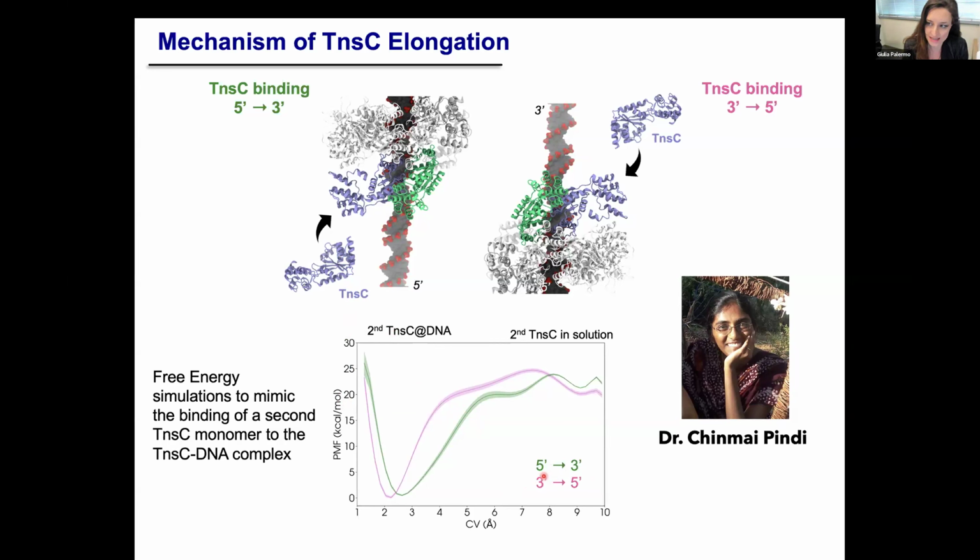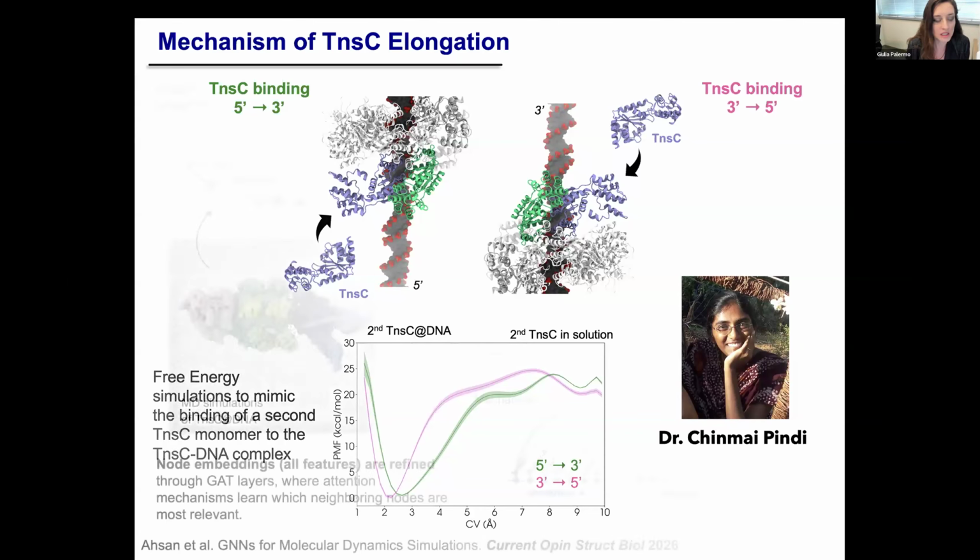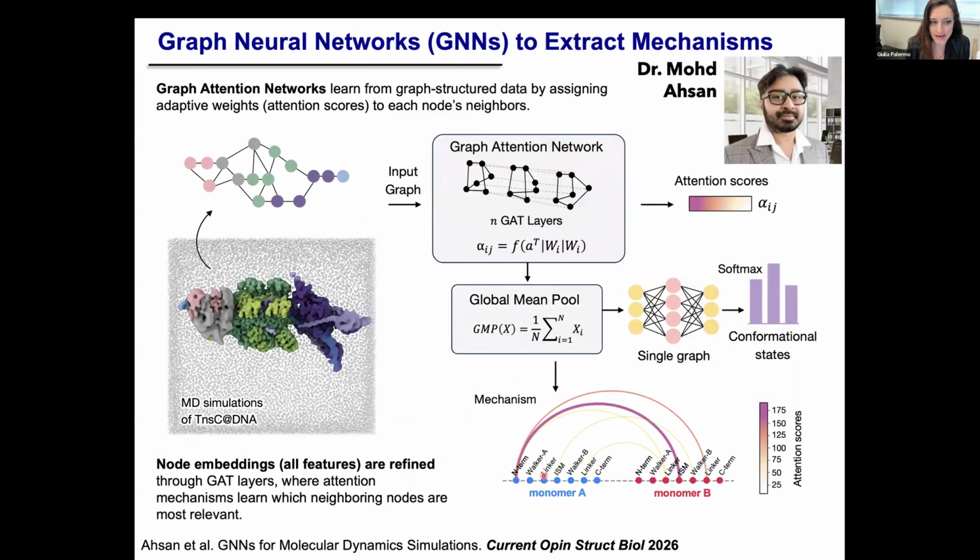Chinmay, together with Ahsan, introduced the use of graph attention networks for the analysis of these simulations. Greg has already introduced graph neural networks and the use of attention for the characterization of cryptic pockets. Here we want to use the attention mechanism to characterize the regions of the system that drive classification.